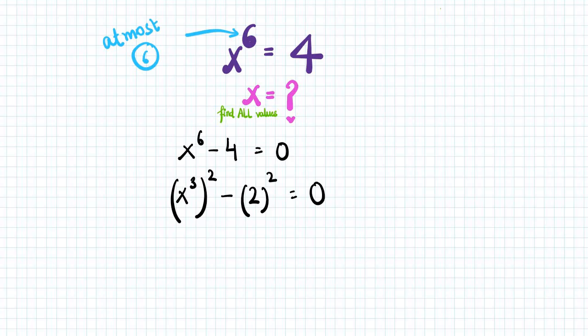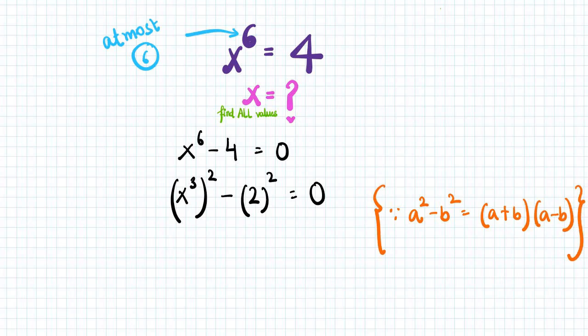I hope you all remember that identity: a squared minus b squared gives you (a plus b)(a minus b). Hence my a is this inside thing and my b is 2. So it becomes (x cubed minus 2)(x cubed plus 2).